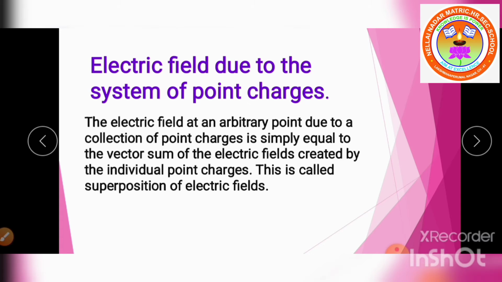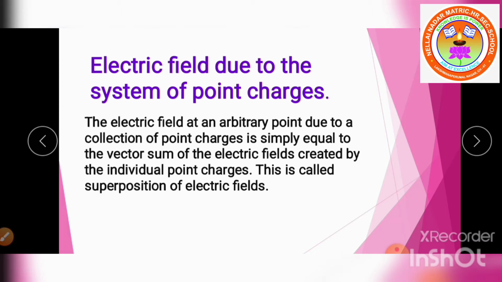The electric field at an arbitrary point due to a collection of point charges is simply equal to the vector sum of the electric field created by the individual point charges. This is called superposition of electric field.